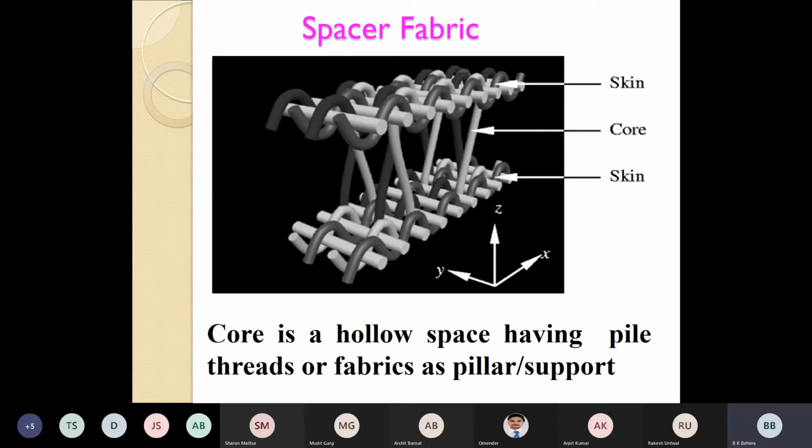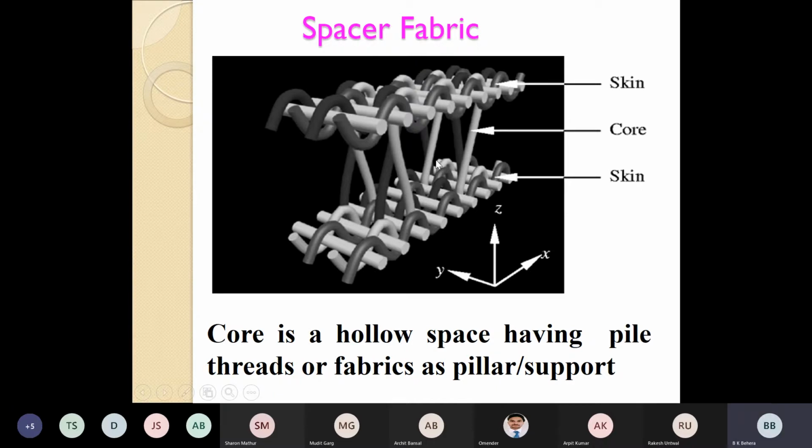The gap is called core. So core is basically a hollow space having threads or fabrics as pillar or support. What you see here, threads, yarns.